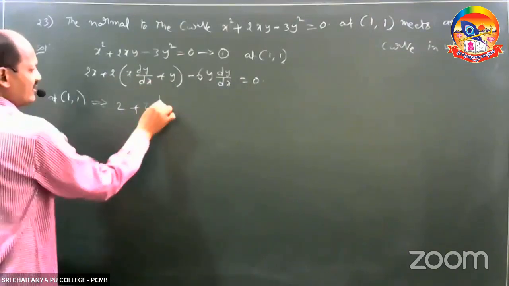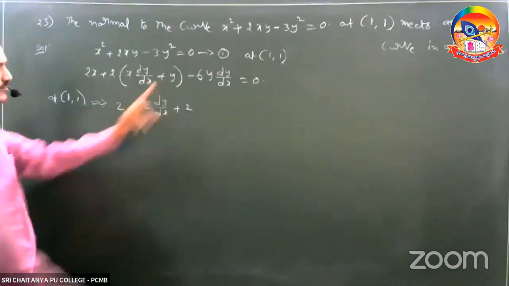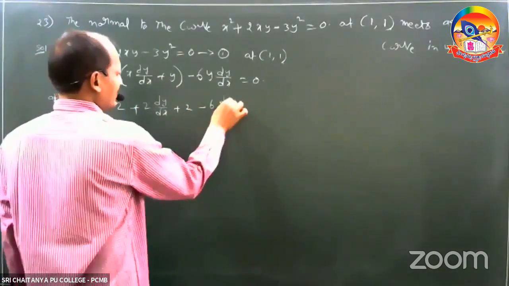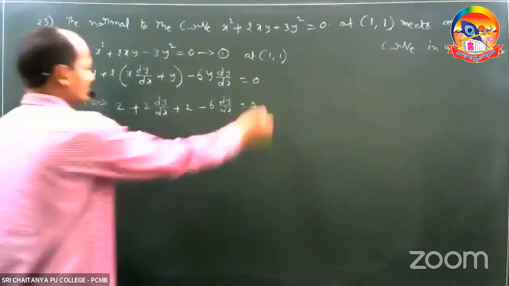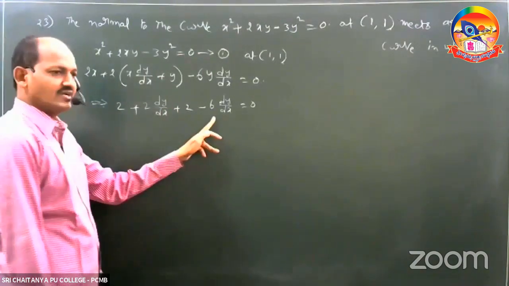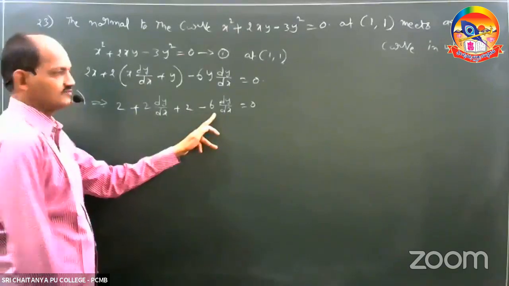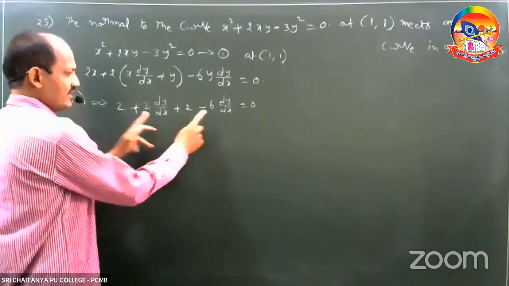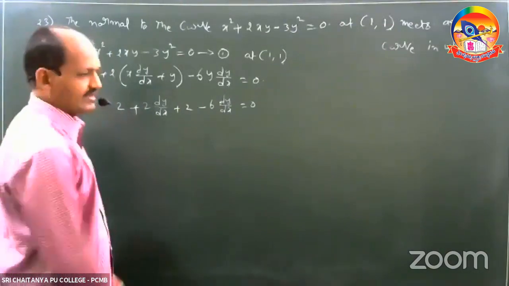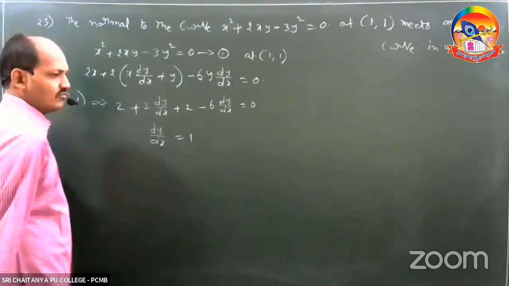So 2 dy by dx plus 2 into 1 minus 6 dy by dx is equal to 0. 2 dy by dx minus 6 dy by dx is minus 4 dy by dx. So 4 is equal to 4 dy by dx. Clearly we get dy by dx is equal to 1.